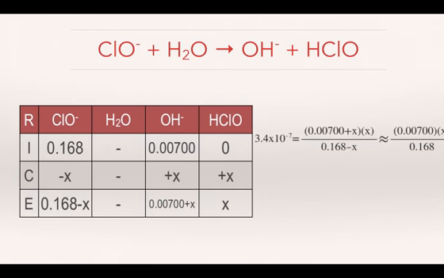If we plug into our equilibrium expression for the base, we would end up with x equaling 8.2 times 10 to the negative sixth. Now, notice that our concentration of hydroxide is not going to change based on this reaction.